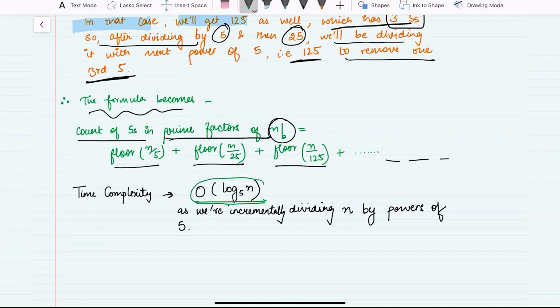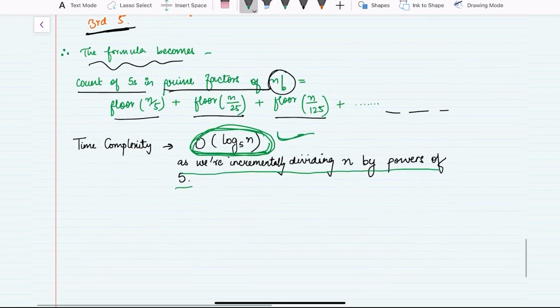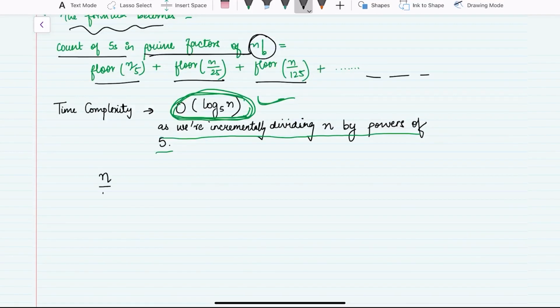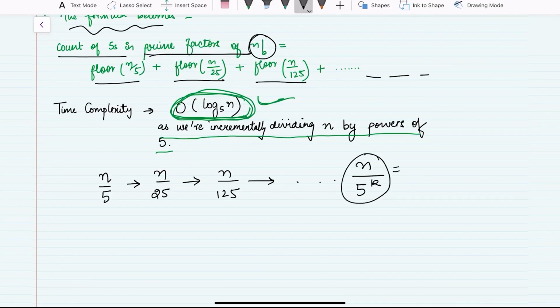What was the question? That we have to find a logarithmic time complexity, and we have actually achieved that. So why? Because we are incrementally dividing n by powers of 5. First we divide n by 5, then n by 25, then n by 125, and so on till n by 5 to the power k reduces to 1.